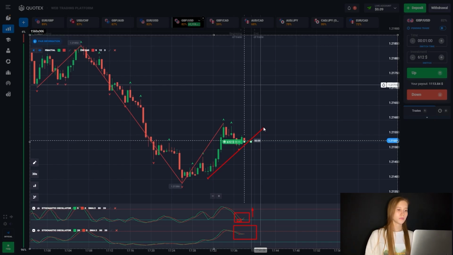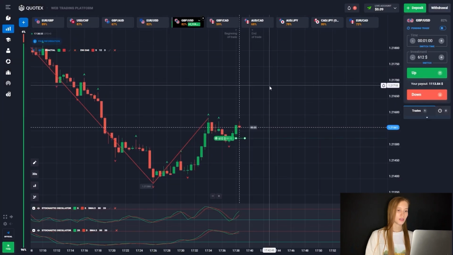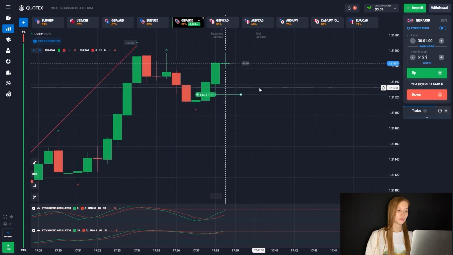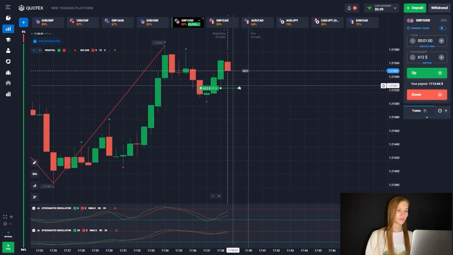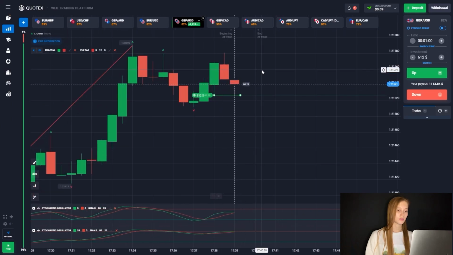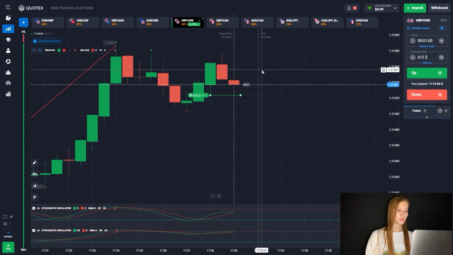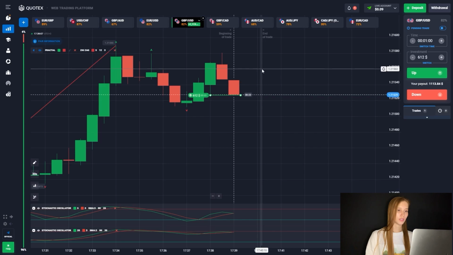So there was a reversal, and the movement should go up in direction. So let's wait for the completion of the trade.